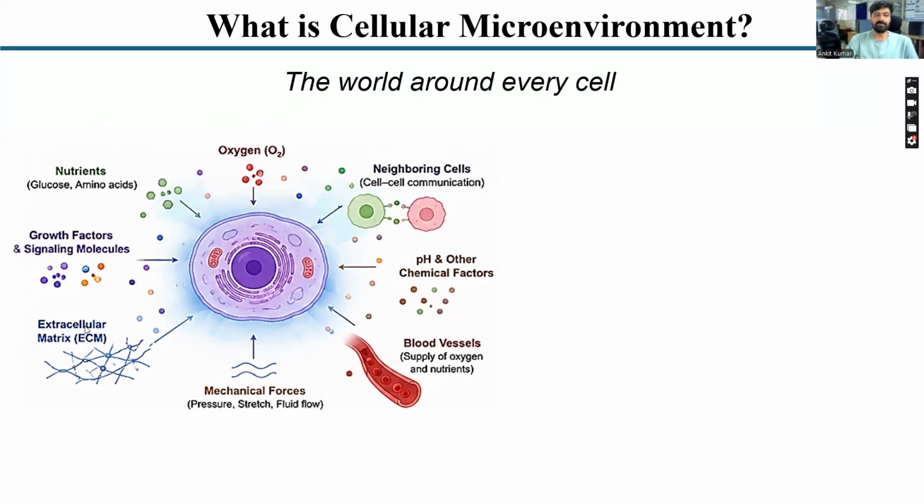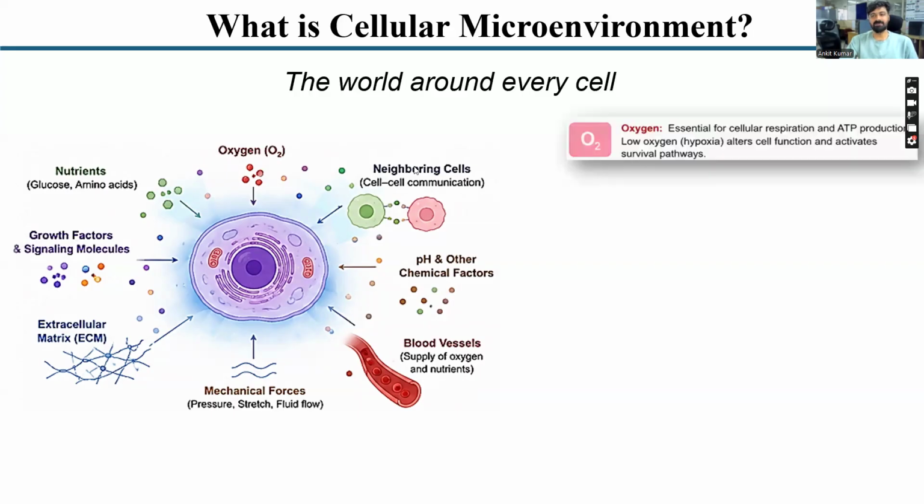In today's lecture, we will explore what the cellular microenvironment is, obviously I have told you the definition, and all of these components of the cellular microenvironment. Is that clear? We will also understand why this is important for fields such as cancer biology, tissue engineering, regenerative medicine, and biomedical research. By the end of this lecture, you will appreciate that to truly understand how a cell behaves, we must first understand the world in which the cell lives.